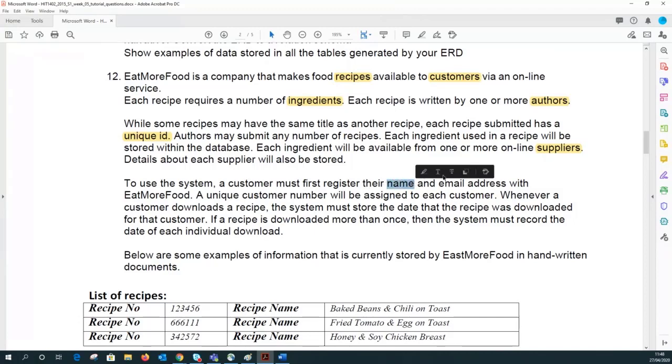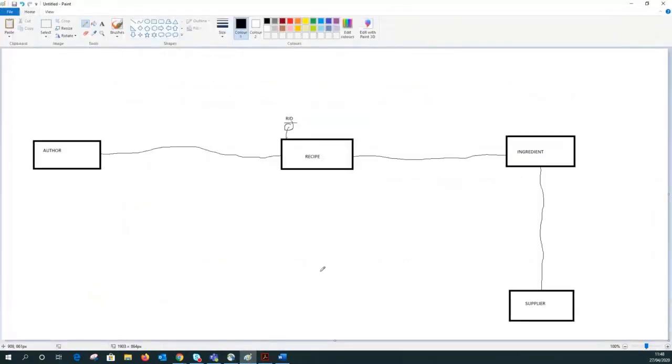So the name and the email addresses look like the attributes of the customer, right? So that means we can straight away capture that information. So do we have the customers here? No. So let's capture the customer information. Probably I will write it somewhere here.